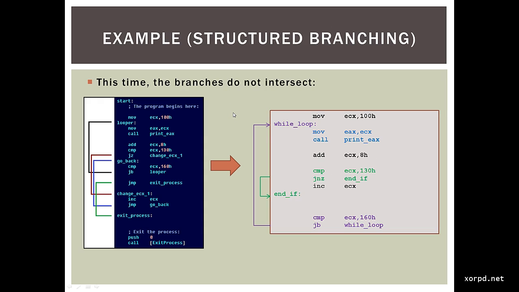Just to compare the earlier code that we have seen and the new code, you can see that in the earlier code, the original one, there were so many intersections in the branches, and we had 4 different branches, which is very unfortunate for such a simple piece of code. However, in the new code, we only have 2 branches, and those 2 branches do not intersect each other.